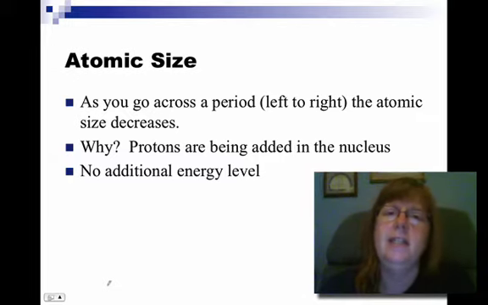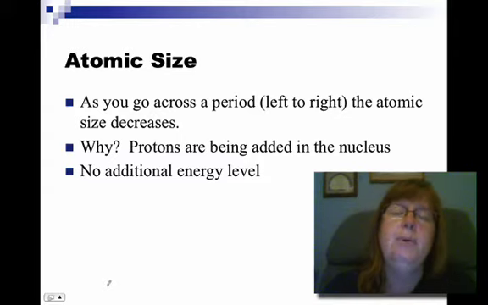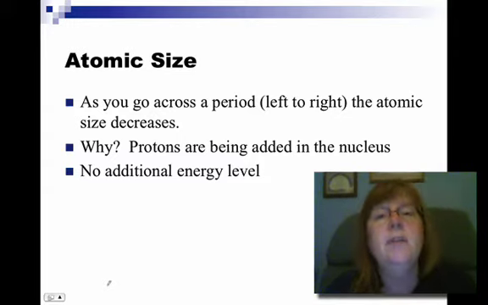What's happening is that the additional positive charge in the nucleus is pulling in those electrons tighter, and that is why the size decreases. So as we go across a period, atomic size decreases because of the extra positive charge in the nucleus, with no additional energy level added for those electrons.